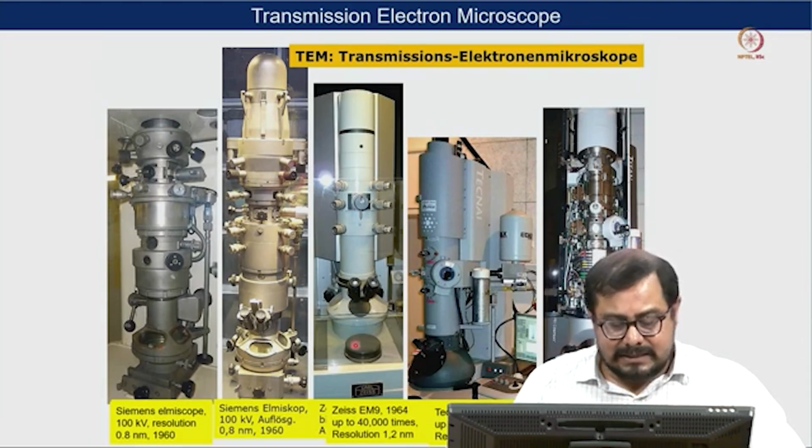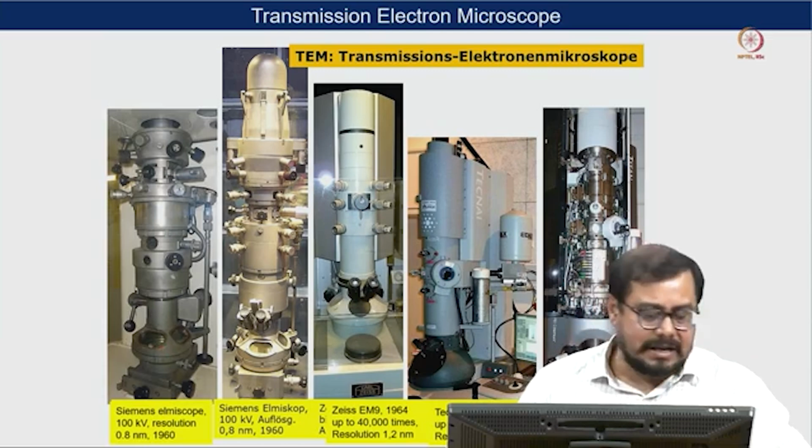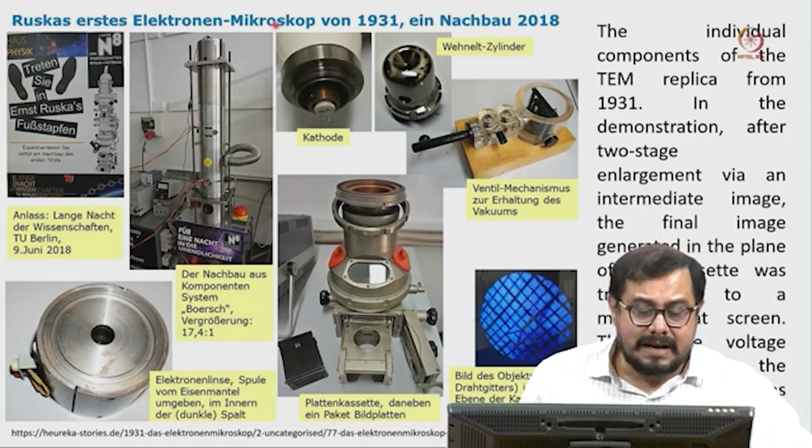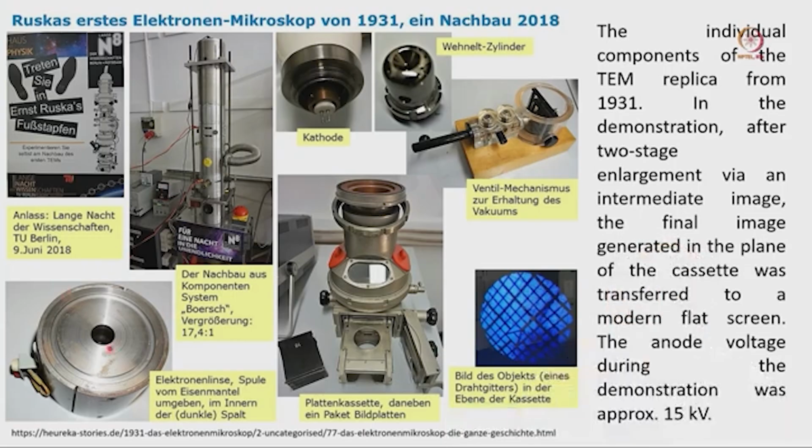In all the cases you can see the overall architecture is the same. So those are the internal parts of those microscopes. We are going to discuss a little bit more about the electromagnetic lens. This is the electromagnetic lens, this is the camera setup, this is the holder insertion, and most of these things are taken from Ruska's microscope.